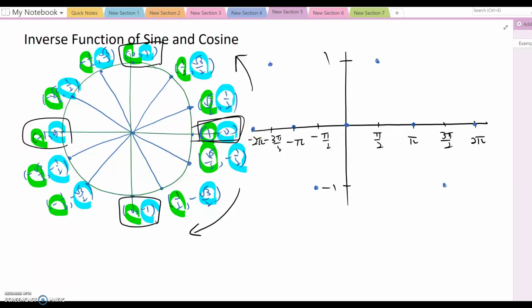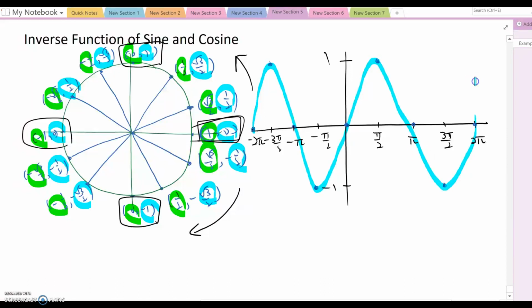So if I connect them, it looks like this.